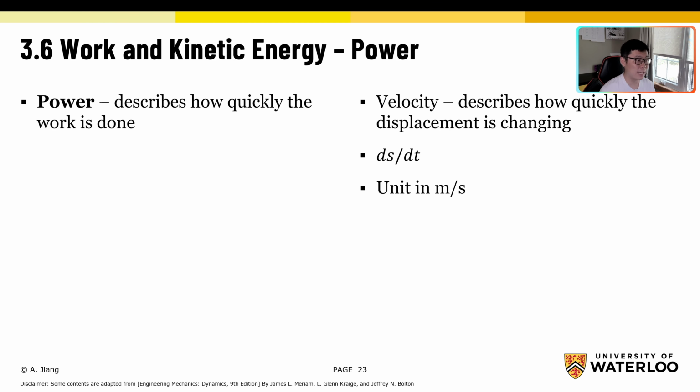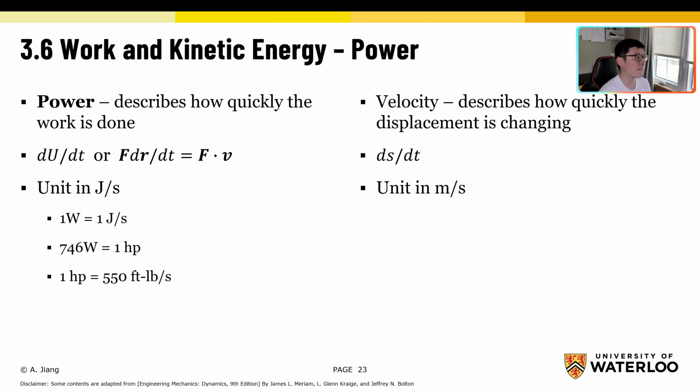Power, on the other hand, describes how quickly the work is done, or how quickly the work is changing. Or use dU over dt, where U can be replaced with F dr over dt. dr over dt gives us the velocity, so eventually we get force times velocity, Fv. We can calculate power, and the unit is joules per second.